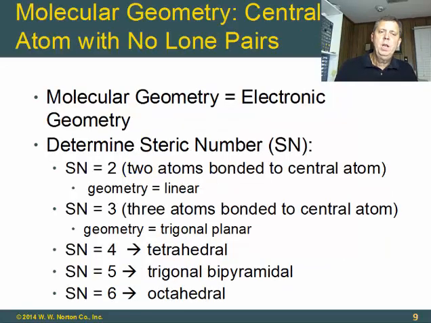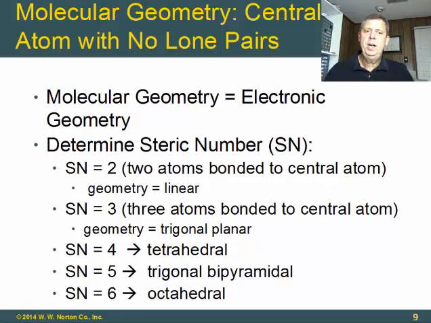So, let's first look at atoms with no lone pairs, like we just did in the examples. No lone pairs are really easy to see, so it's pretty straightforward. With just two atoms, you have linear geometry, like we did with the beryllium chloride. With three atoms bonded to the central atom, we get trigonal planar, or trigonal, it's often called. Planar is implied. There's also trigonal pyramidal, so be careful about that.